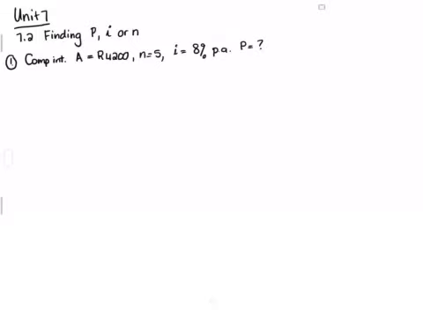So it's your compound interest formula, and you substitute everything that you do know. The P is the only one I don't know. You can write 8%, or you can change it to a decimal by doing 8 over 100. If you do 8%, if your calculator is fine with that, that's no problem. To the power of 5.